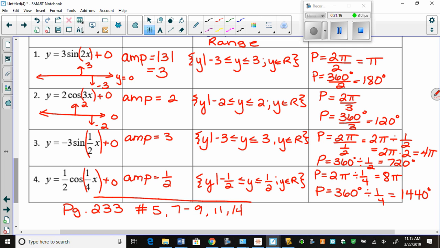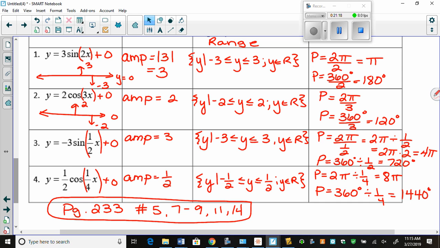So like I said, if it says sketch, don't worry about the sketching part. We're dealing with that later.